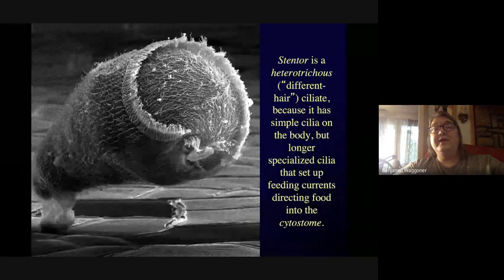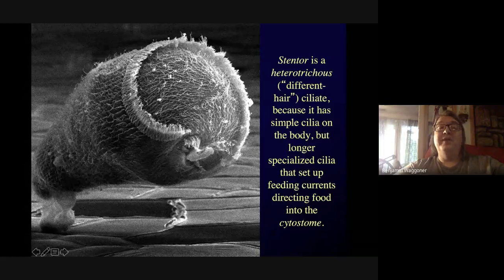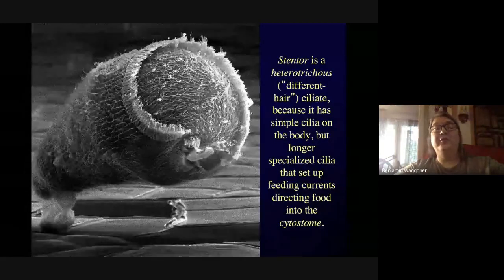And then there's this kind of horseshoe-shaped, or actually it spirals a little bit, row of much longer cilia that goes around the blunt anterior end, and that sets up these feeding currents that direct food into the cytostome, which is a dark spot down there on the lower right. So there you have these specialized cilia directing food into the cytostome, and such a ciliate is said to be heterotrichous, meaning different hairs, because it's got two different lengths of cilia.